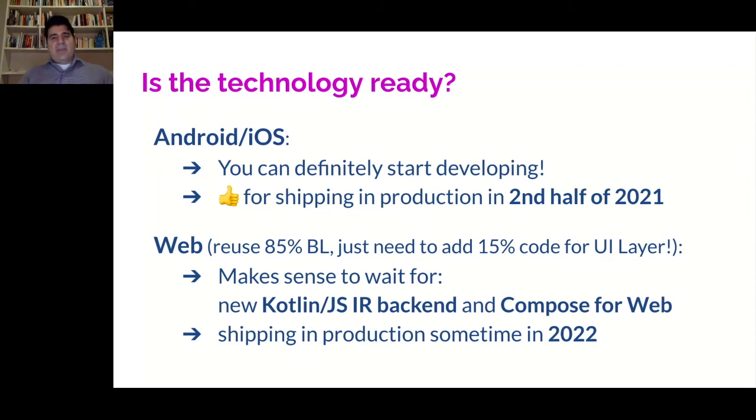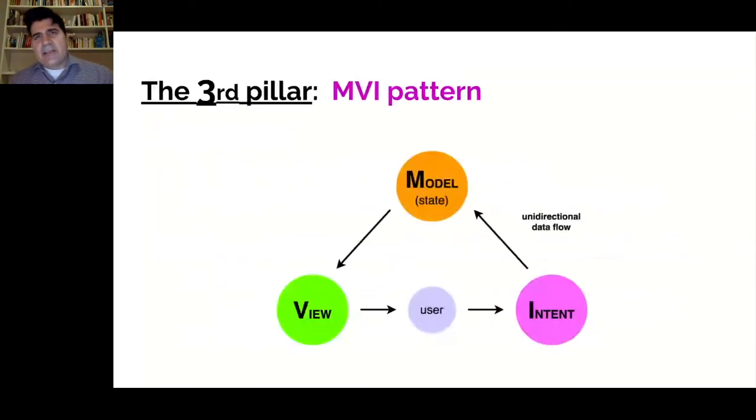Okay, let's talk about the third pillar, which is the MVI pattern. The MVI pattern is usually seen as an evolution of the MVVM pattern, which is currently the most used and most famous pattern in current Android development.